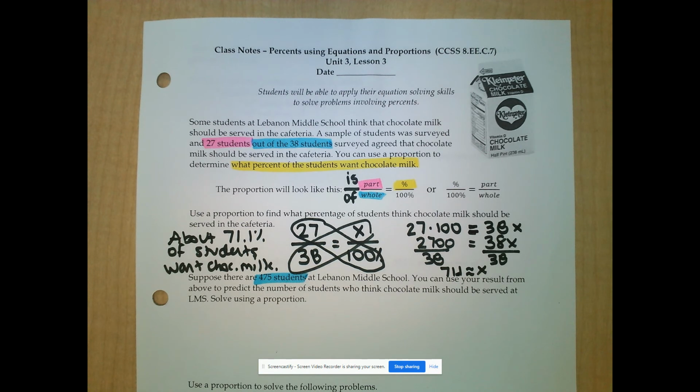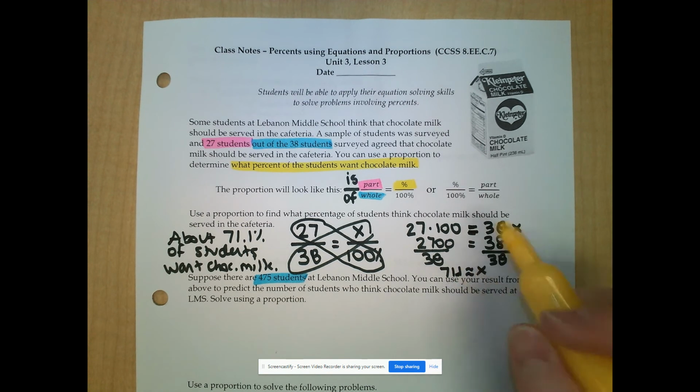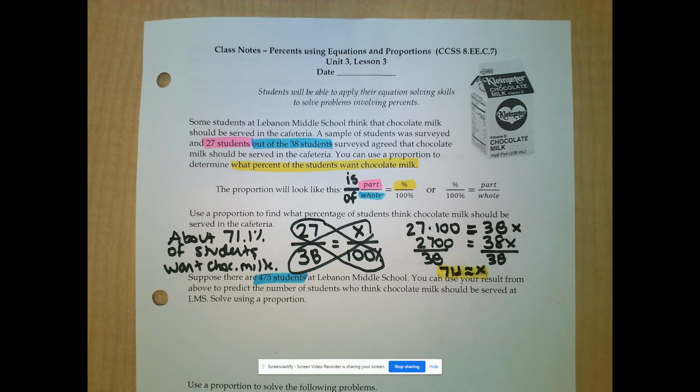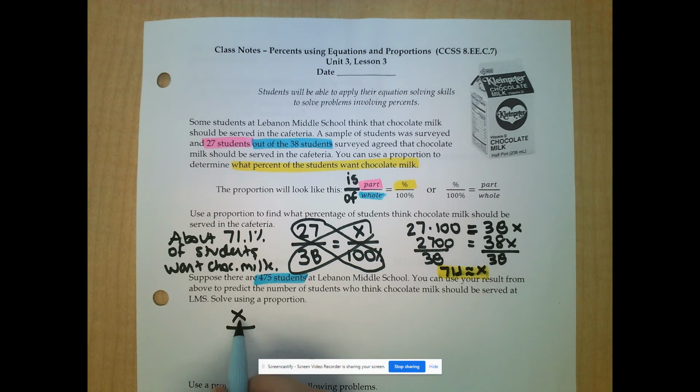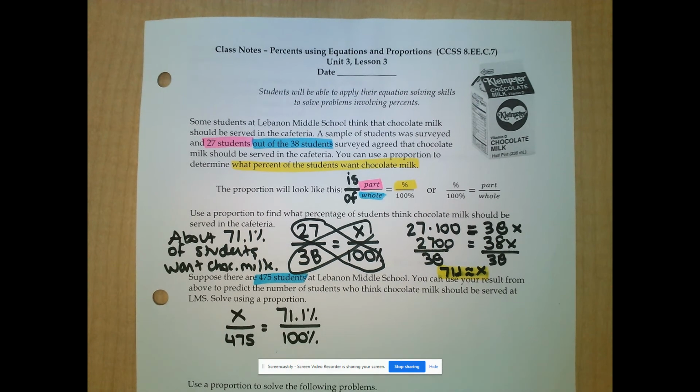And we already know the percent because we got it in the last question, right? The answer based on our sample was that about 71.1% of students wanted chocolate milk. So we would say, what is the part, we don't know, out of the 475 students that represents 71.1% out of the 100% who actually want chocolate milk?